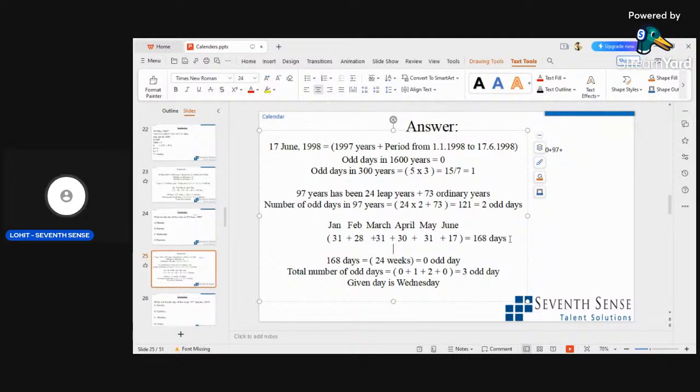Or else what you can do is take it as 3 plus 0 plus 3 plus 2 plus 3 plus, for 17, how much will it be? It will be 3. Like this also you can take.